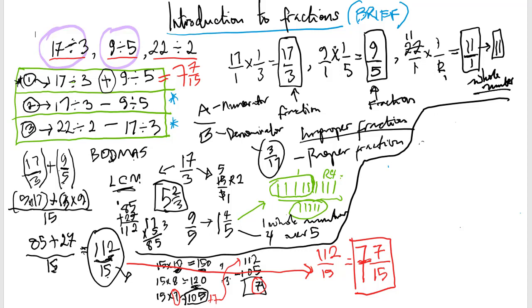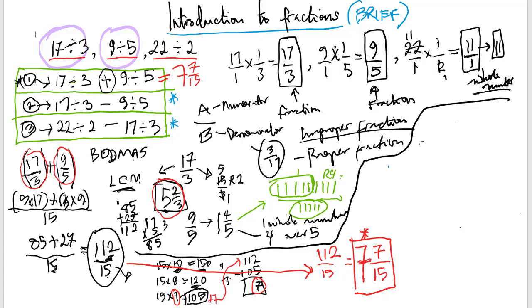The second way of getting this answer is to resolve this to whole numbers and fractions. To resolve it to whole numbers and fractions, we've already done it, we have it here. 17 over 3 is equal to 5 whole number 2 over 3.